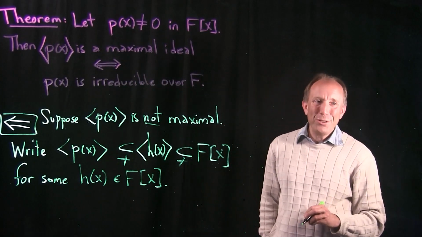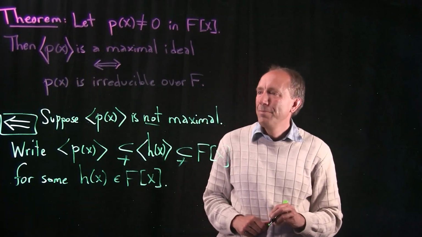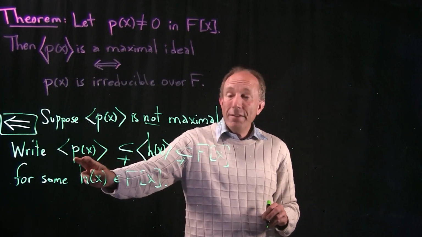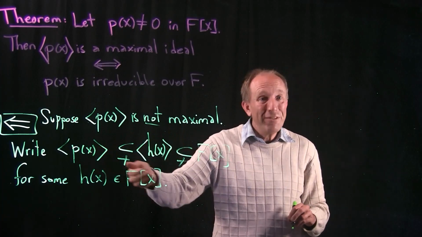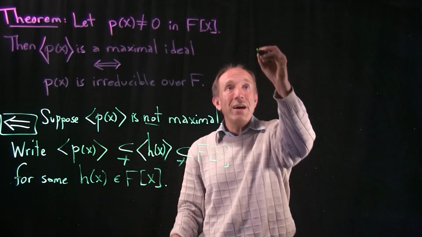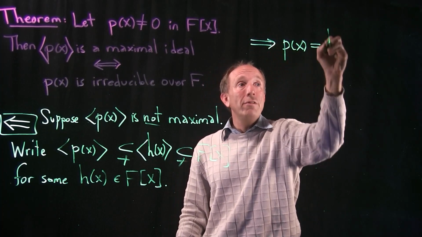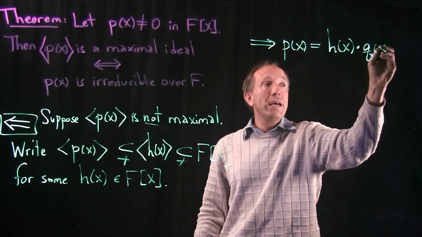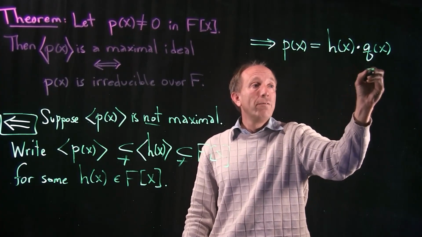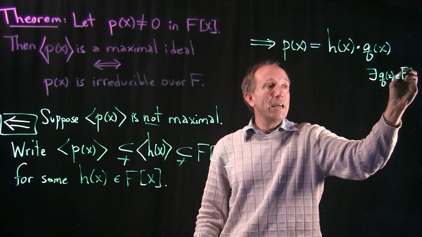And I'm anxious to try to figure out how to factor p of x. Well, p of x lives in the principal ideal generated by h of x. In other words, p of x is a multiple of h of x. Let's just say h of x times q of x for some q of x in capital F of x.